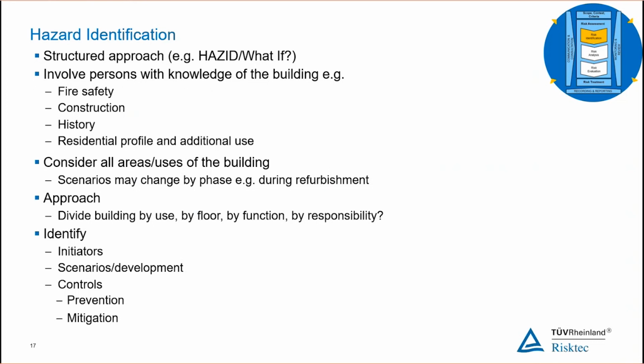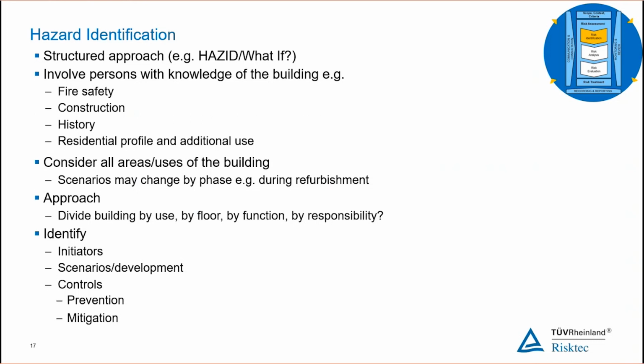Now, sometimes people will talk about what if as well. It's a slightly different tool, but they're both structured processes to identify hazards. They are generally collaborative workshop type exercises, where we bring together a group of people to challenge and identify the hazards we have in place.